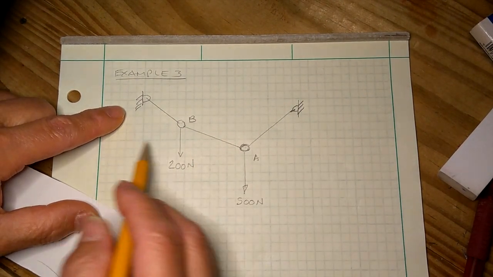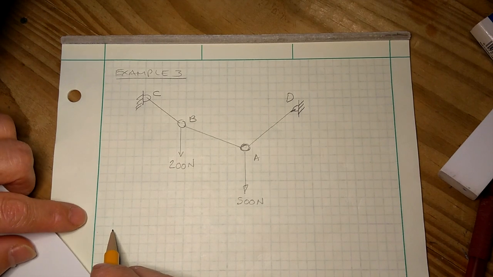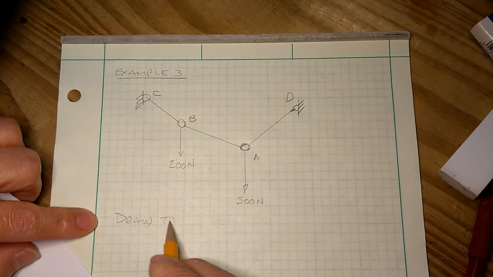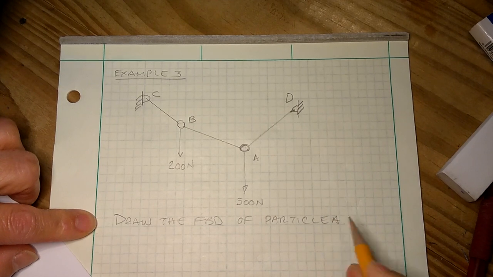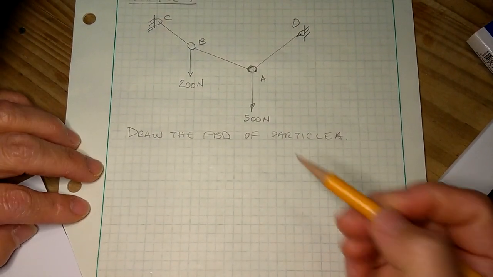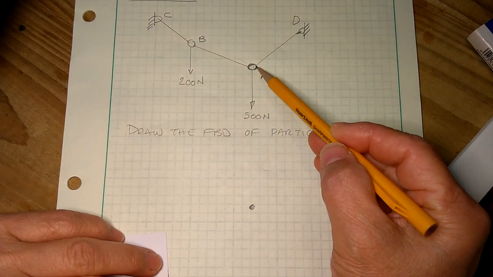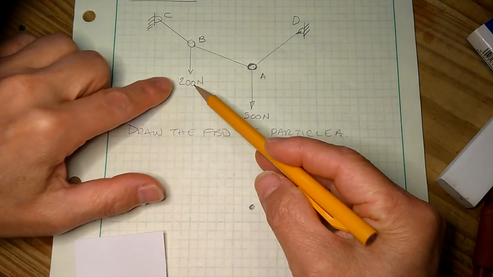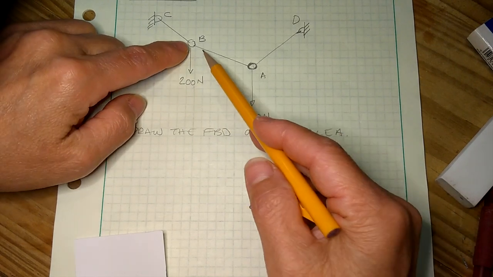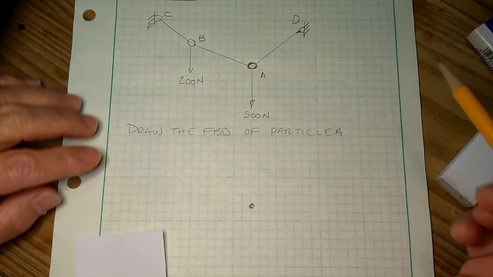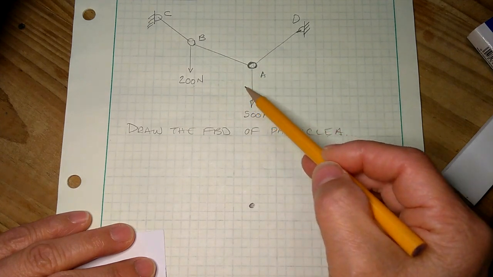Let's call out some of these points: A, B, C, and this D. What we would like to do is draw the FBD of particle A. So I draw particle A, and I'm only interested in the forces acting on A, meaning I'm not interested in this force because it is acting on B. The effects of this force would definitely affect the force in cable AB, but for now, if I'm drawing the free body diagram of particle A, I am only interested in what affects it.